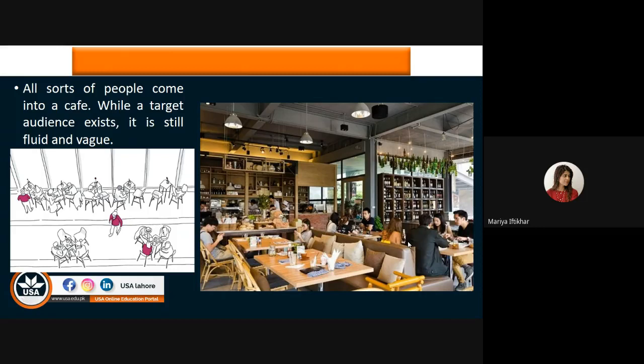So we have to design the interior keeping in mind that there is not a certain type of class coming to the cafe, because the cafe is open to everyone, and you have to keep this in mind while giving us the interior sketches and interior design themes, that for which type of customers you are incorporating those themes. All sorts of people go to the cafes and enjoy their leisure time there. So that is why interior is very important.